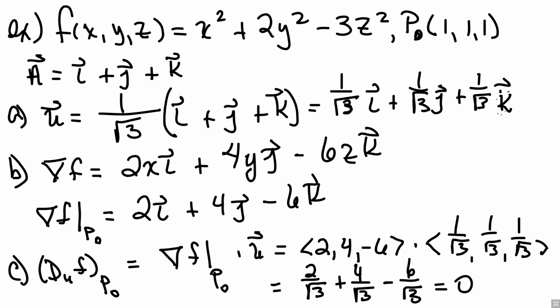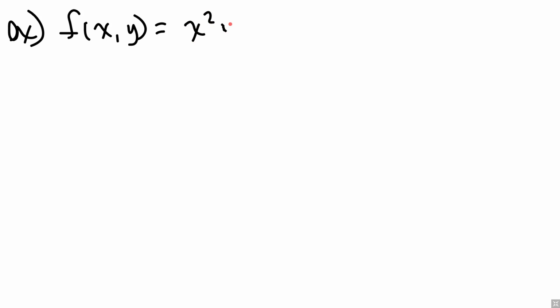Okay, so first of all, in this next example, we are told that f of x, y is defined as x squared y plus e to the xy times the sine of y.